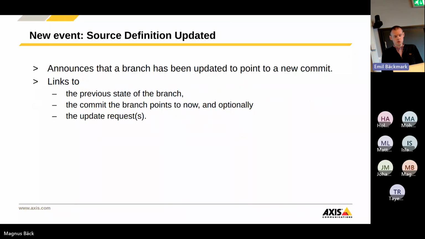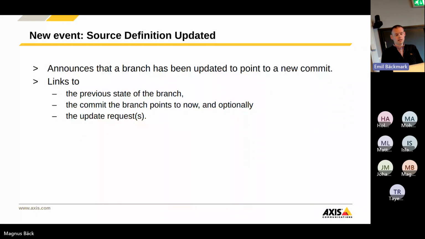And the final one is source definition updated, which indicates that a particular branch has been updated to point to a new commit. So if you do a git push, this is what you get. And it'll tell you the previous state of the branch. This is the SHA-1 of the previous commit. If it's a new branch, it won't contain such a link.